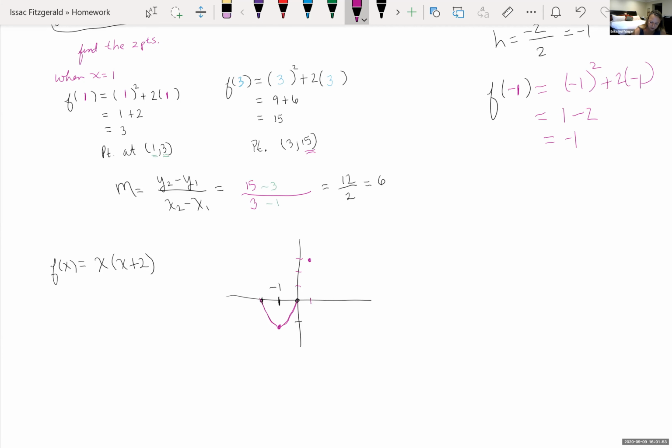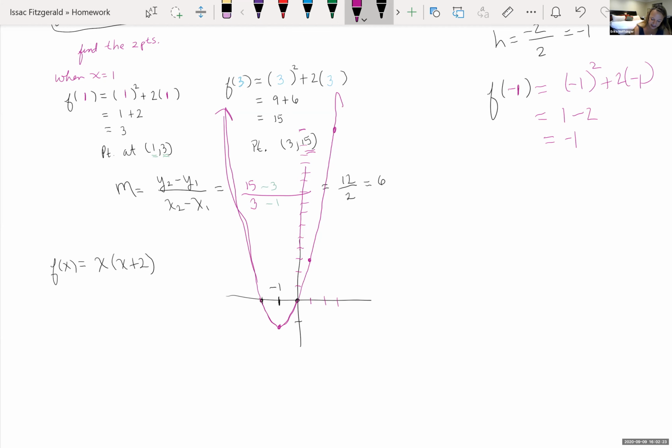And we knew that there was a point at 3, 15. Okay, way up here. Oops, pretend that's not squiggly.